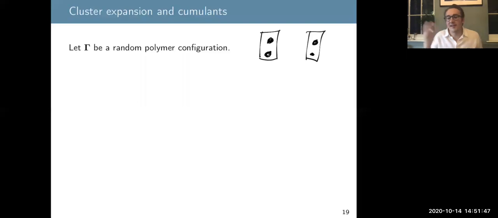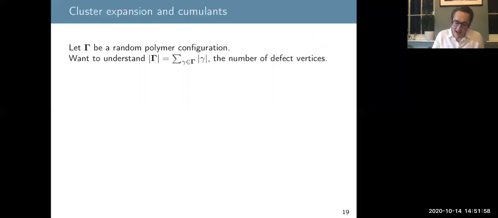I might want to understand how many vertices of my graph in total are these deviant vertices. So I might want to understand the size of gamma, meaning just the sum of the sizes of all the polymers it contains.